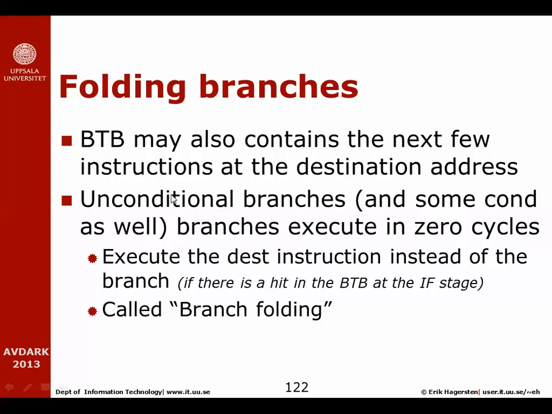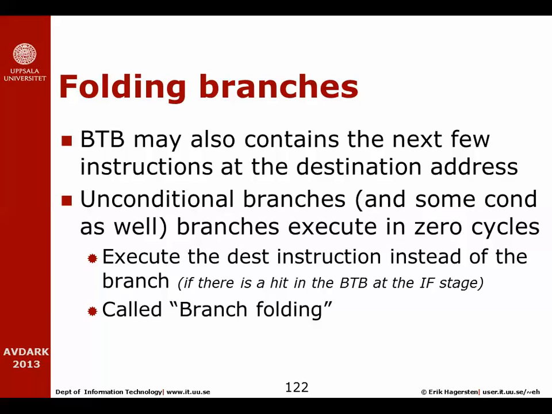If the instruction fetch implementation is really smart, and it sees that it's about to execute an unconditional branch, and let's say that the branch target buffer contains the instruction of the target, that means that the instruction fetch stage, instead of executing an unconditional branch, when we know exactly what's going to happen, we're going to take the branch because it's unconditional. We know the target. It's always the same target.